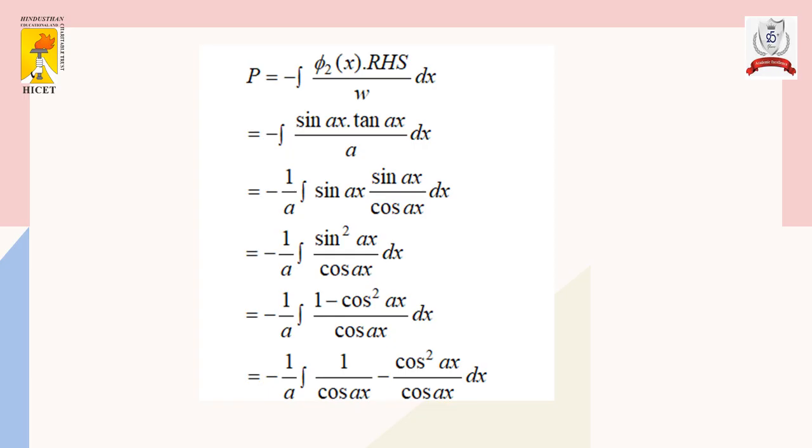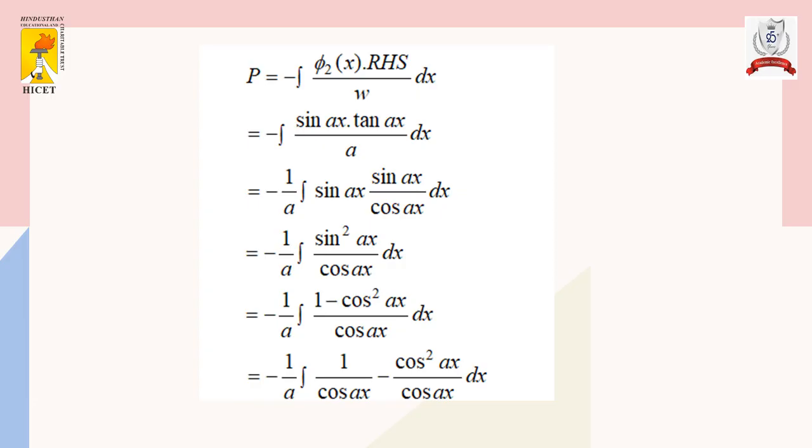Now to find capital P: minus integral of phi 2 into the right side of the given equation divided by w into dx. We substitute the corresponding values, so we get minus integral sin ax tan ax by a into dx. 1 by a is a constant, so we take it outside: minus 1 by a integral of sin ax tan ax. Expanding tan as sin ax by cos ax, sin into sin is sin square ax.